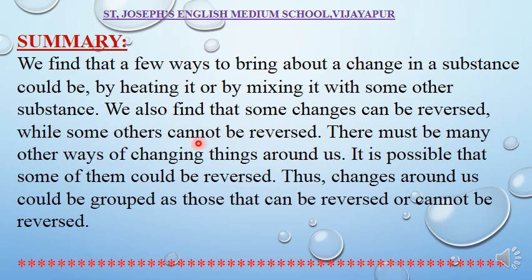There must be many other ways of changing things around us. It is possible that some of them could be reversed, thus changes around us could be grouped as those that can be reversed or cannot be reversed. So there are two types of changes. Some are reversible change and some are irreversible change.